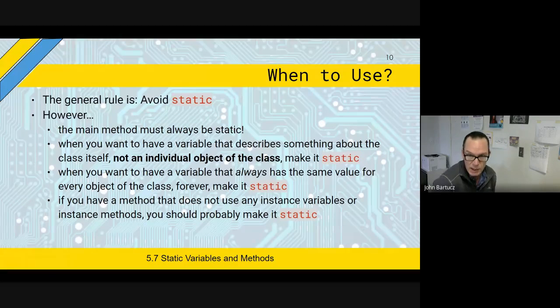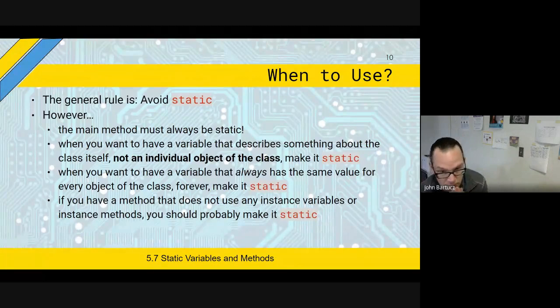And pi is the same for everything in the world, right? You're not going to create two different math objects with different values of pi. So pi is a static variable. Square root is a static method. All of these things are the same for everybody everywhere.